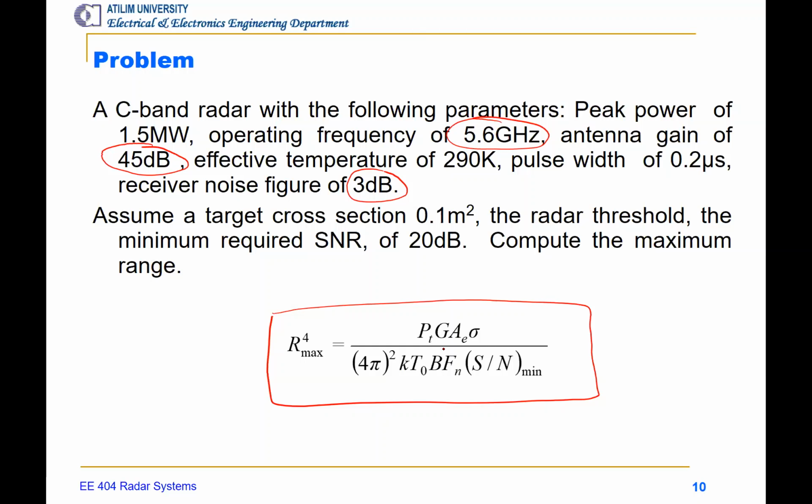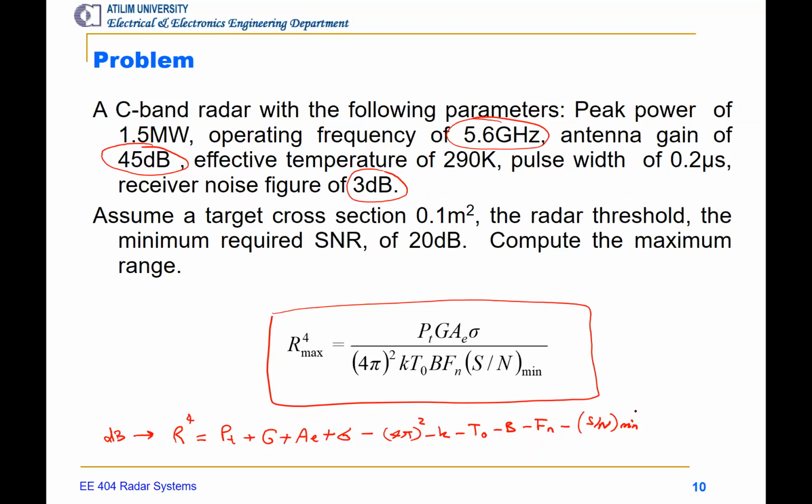When we use this equation, we can, for example, write this equation in dB: PT plus G plus AE plus sigma minus 4 pi squared minus K minus T0 minus B minus Fn minus S over N minimum.